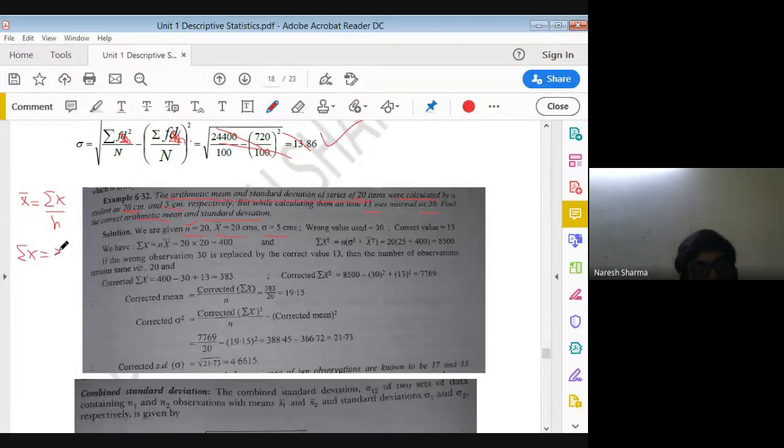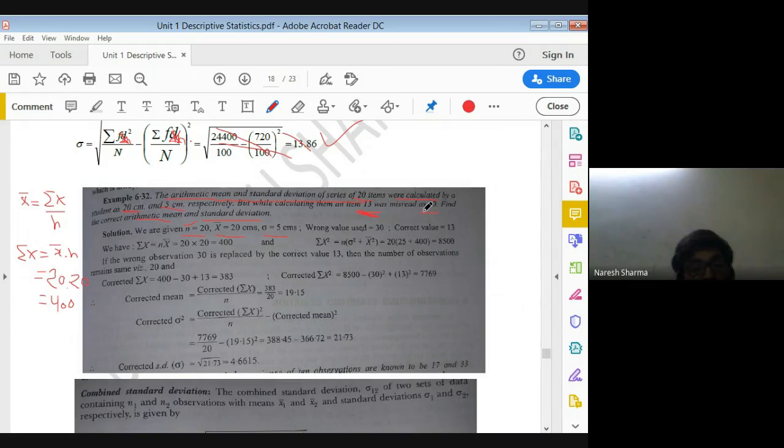The mean is given here, that is 20, and the number of items is also 20. If you multiply, the total sum is 400. So the total sum of items is 400, but this sum is wrong. Why is it wrong? Because while calculating, a wrong item 30 was introduced instead of 13.